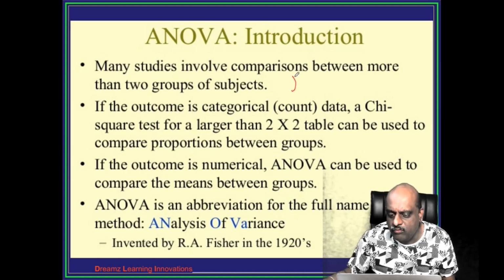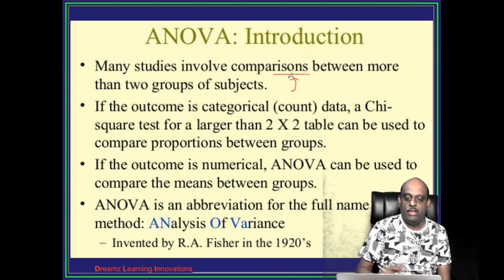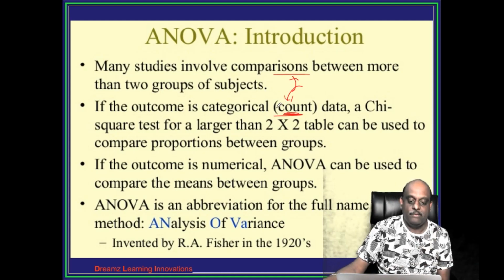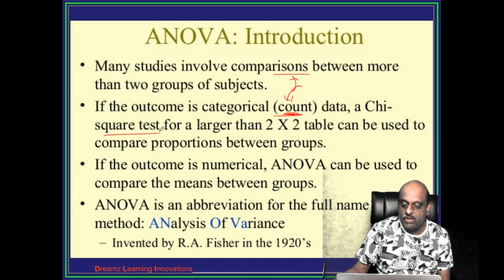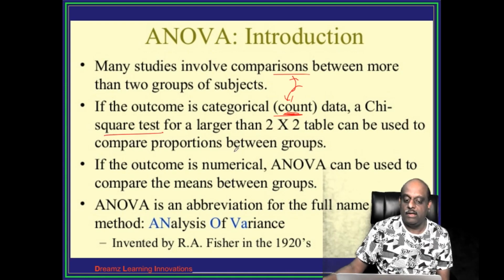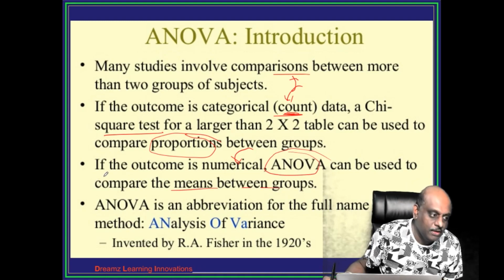Now, 5-6 points, let us talk about ANOVA. Many studies involve the comparison between more than 2 groups of subjects. If the outcome is categorical, like counting data, we use a chi-square test to compare the proportion. If the outcome is numerical, then we use ANOVA to compare the mean between the groups.